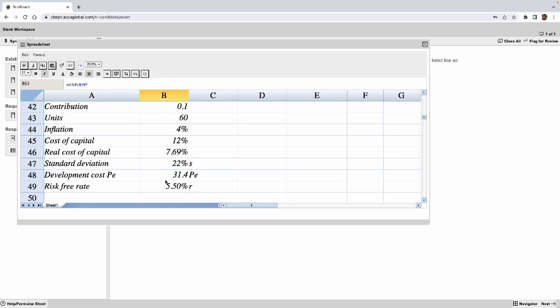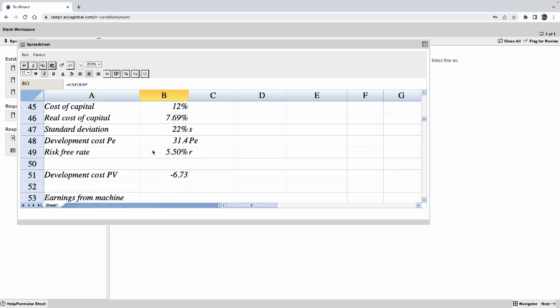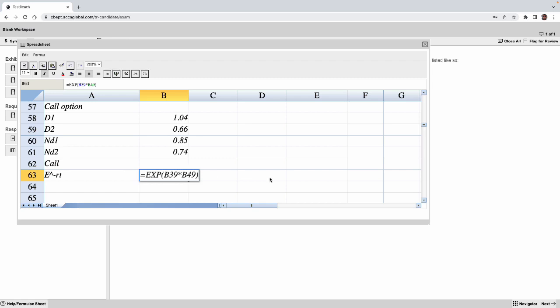Can you get this one, the final number? Don't know why this one doesn't work.